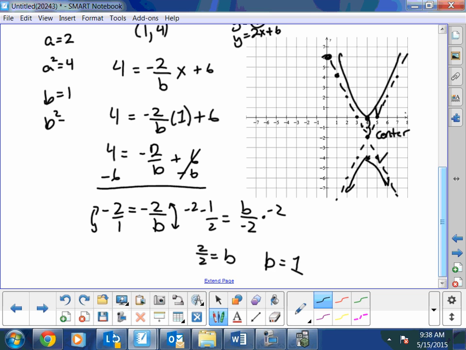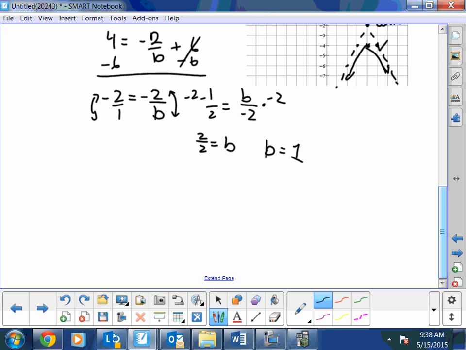b squared is equal to 1, which means in writing this equation, let me extend this page. Now, since this one's transverse axis is parallel to the y-axis, we have this equation: y minus k squared over a squared minus x minus h squared over b squared is equal to 1. So let's fill in the stuff we know.